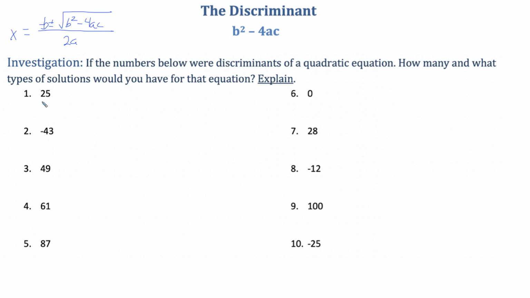So if we get a 25 under the square root, 25 is a perfect square, so you'd have some number plus or minus 5 all over some other number. So we would have two solutions because we would be adding 5 to negative b and then dividing by 2a, and we would be subtracting 5, and all those would be rational numbers. So we would have two rational solutions.